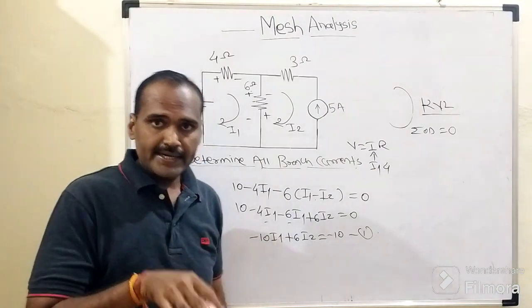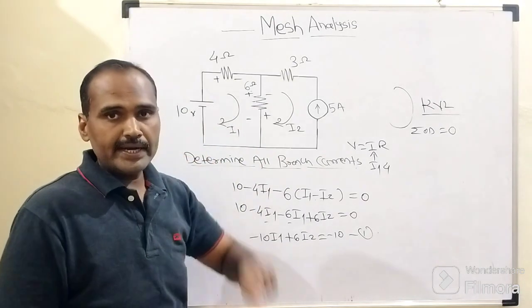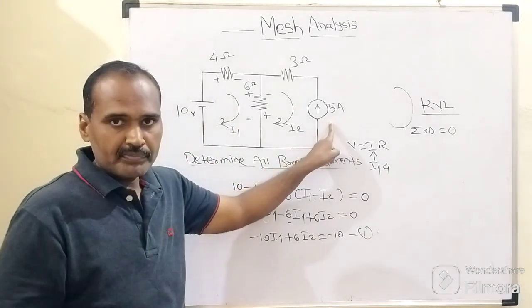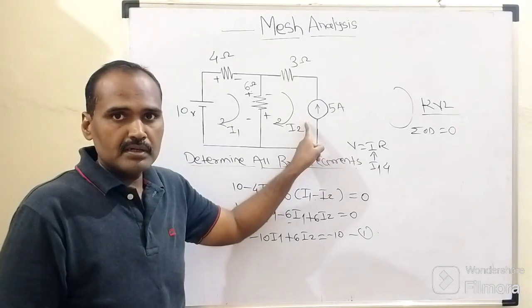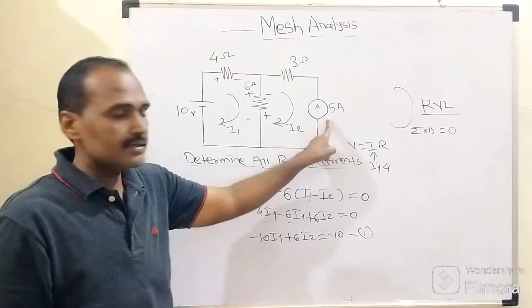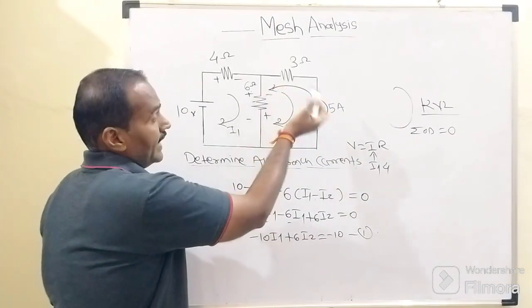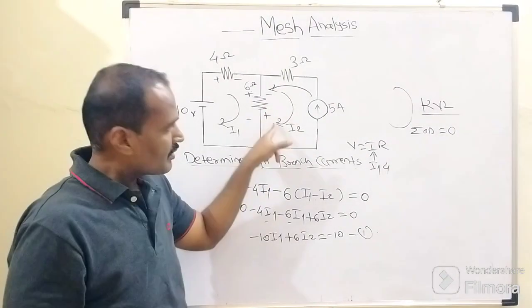But what is the unique identity of this numerical key? We used to have this current source within that loop number 2. The value of that current source is how much? 5 ampere. And how does this 5 ampere current flow through this mesh number 2? According to this current source, this 5 ampere current will flow in this direction, in anti-clockwise direction, right? But the assumed current is nothing but what? Clockwise direction.